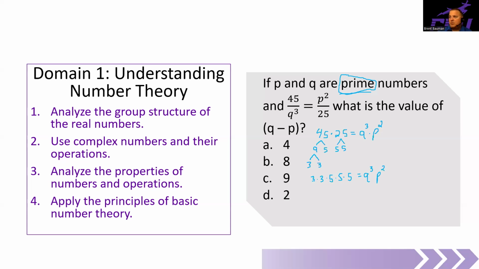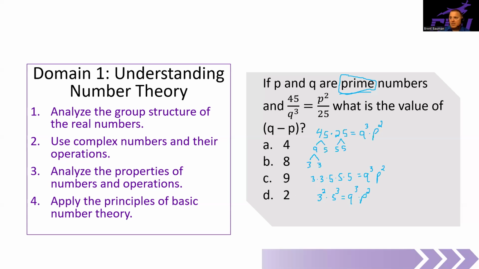And hopefully you're seeing that, well, 3 times 3 is 3 squared. 5 times 5 times 5 is 5 cubed, equals q cubed times p squared.